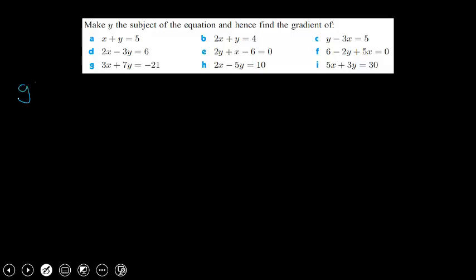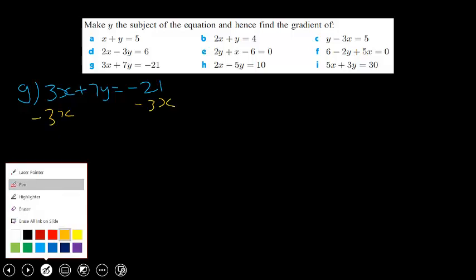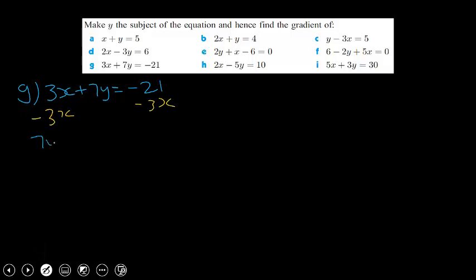Question G. 3x plus 7y equals minus 21. I move the x, so minus 3x on both sides. 7y equals minus 21 minus 3x. Divide by 7 to get rid of that 7.